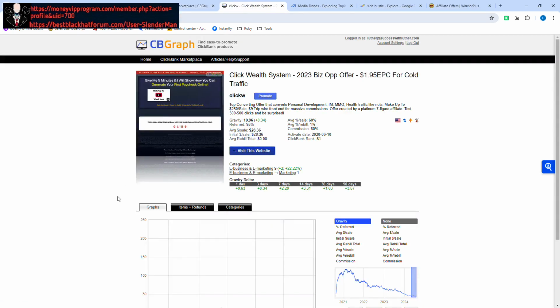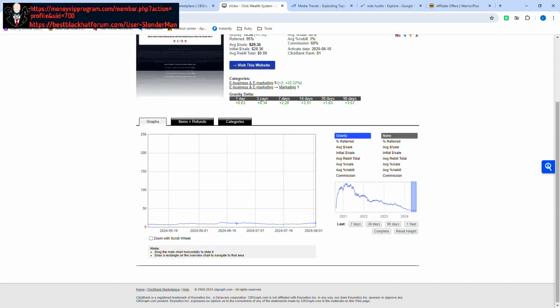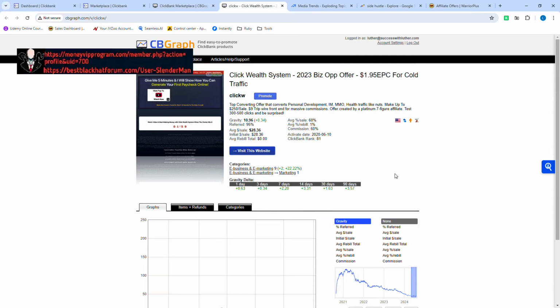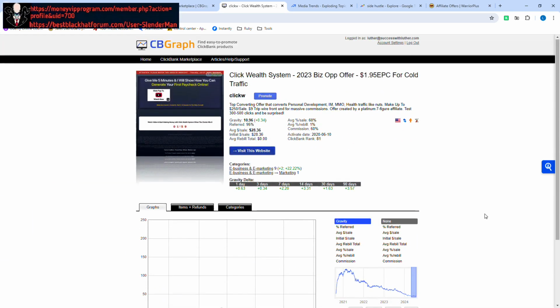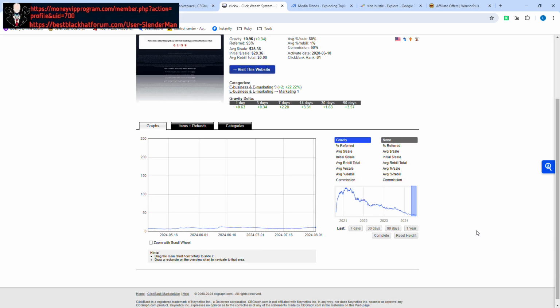Can we get more information here? They're claiming $1.95 EPC for cold traffic. That's interesting. Usually it's lower than that. But you can see this offer first appeared sometime in '21, had its day. It was quite popular for about a year, and then slowly started tapering off.